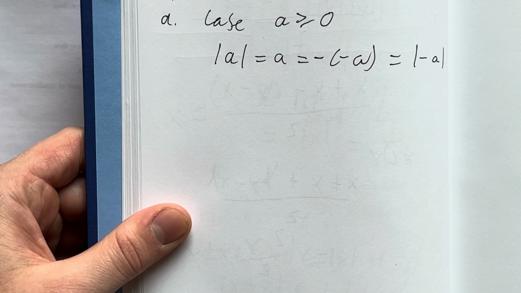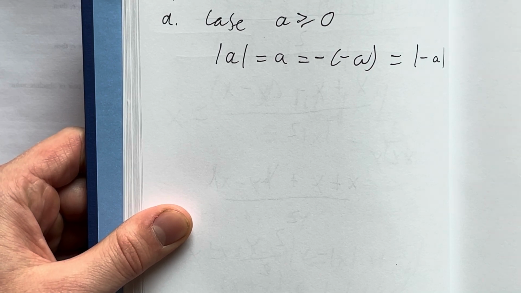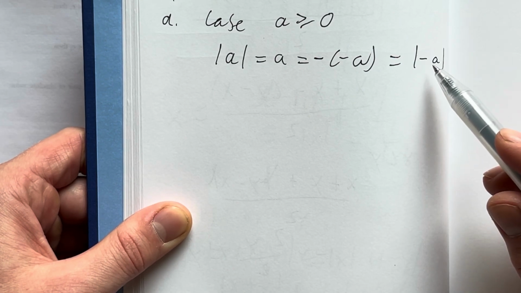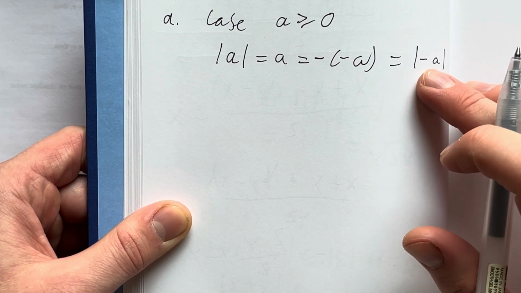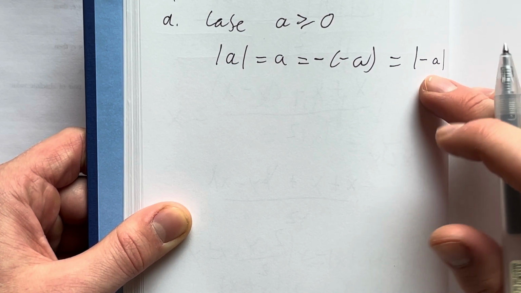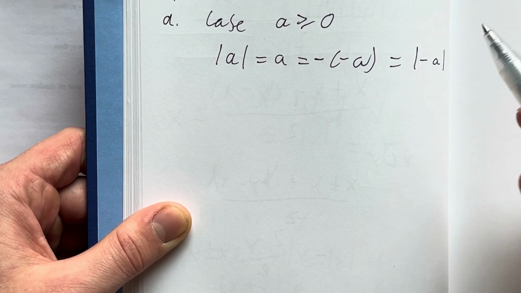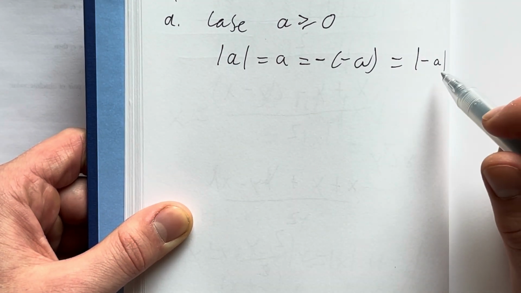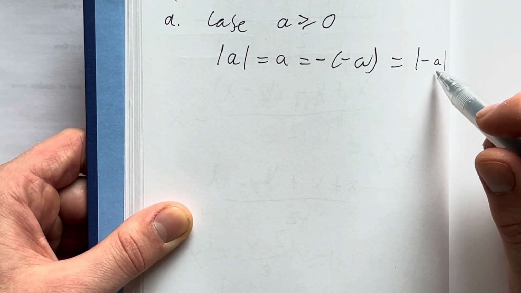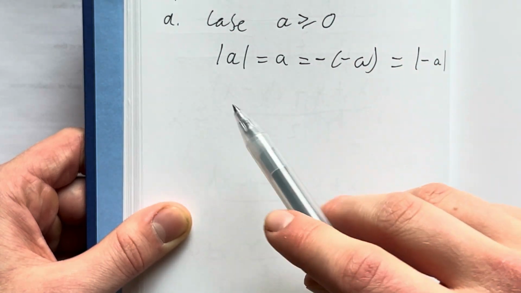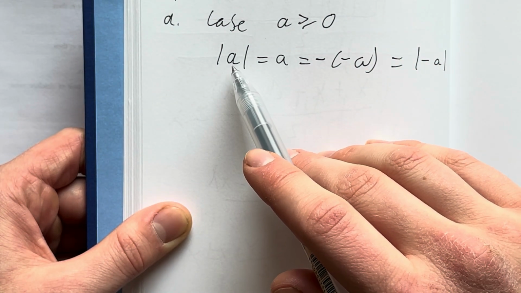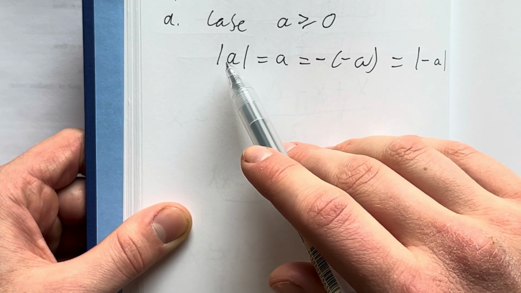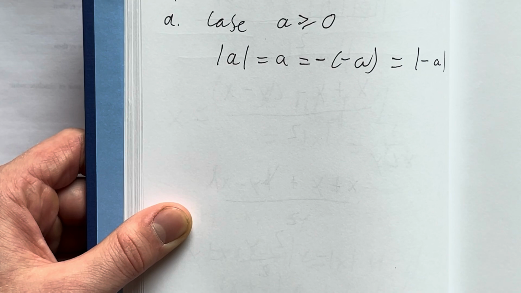Well, we can go the other way. We can think of negative a as one single thing, which is, in this case, less than or equal to 0. Same logic backwards until here, which is negative absolute value of negative a, if that makes sense.